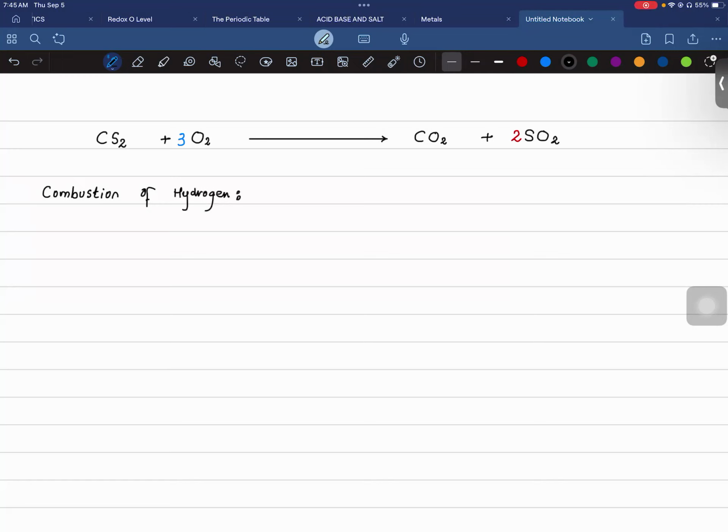Can anyone tell me, please? Usman, can you tell me this? Combustion of hydrogen means that hydrogen gas is going to react with oxygen gas. Can you tell me what the product would be as a result of this reaction? Water.